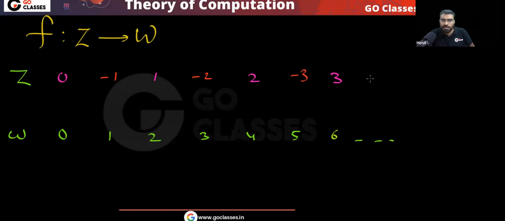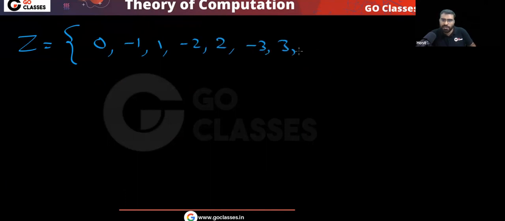Is this clear? See what I'm doing. I'm creating this type of mapping. It is a very natural mapping, right? Sometimes you write integers like this. Have you ever written integers like this?